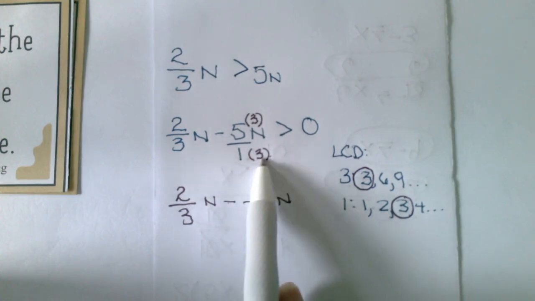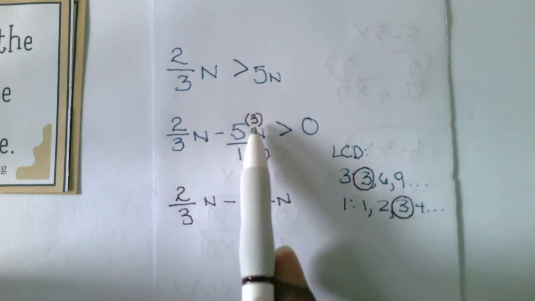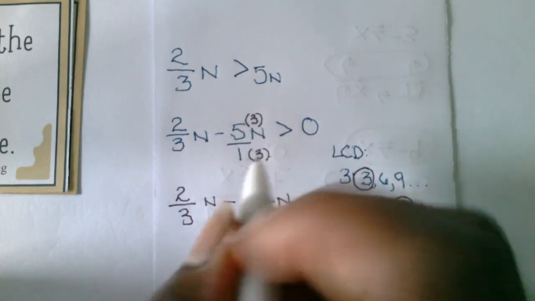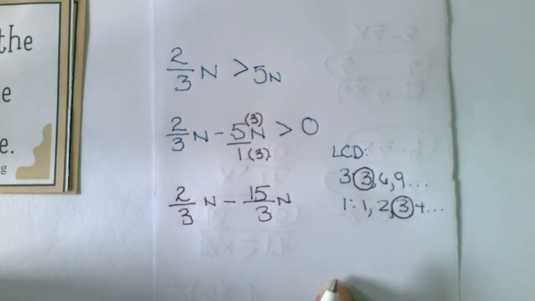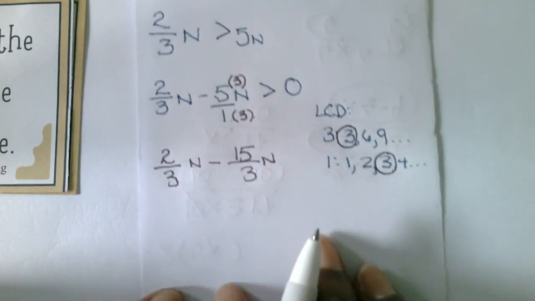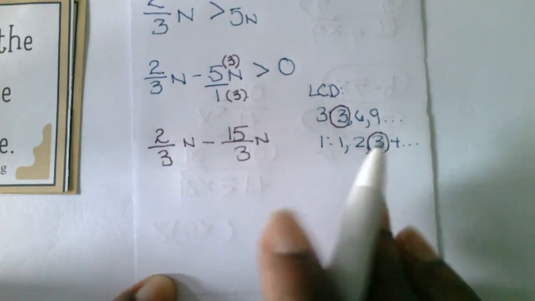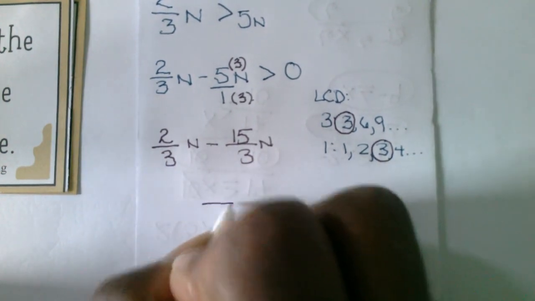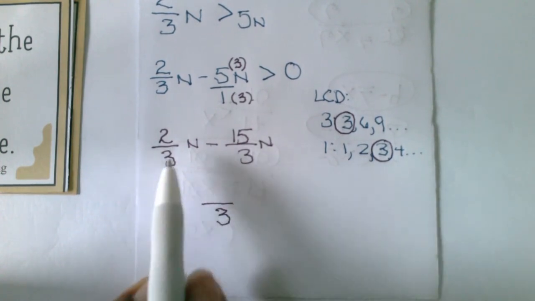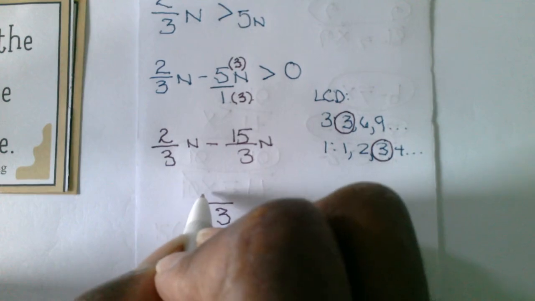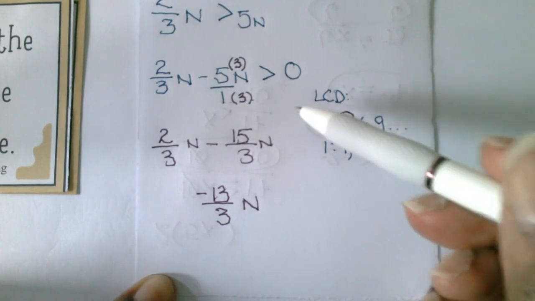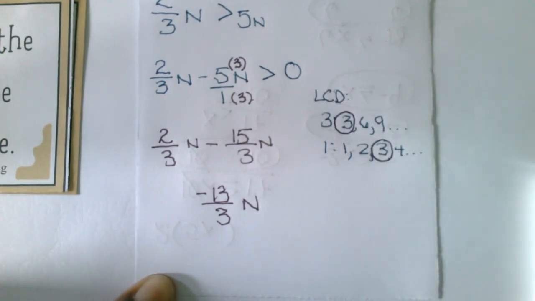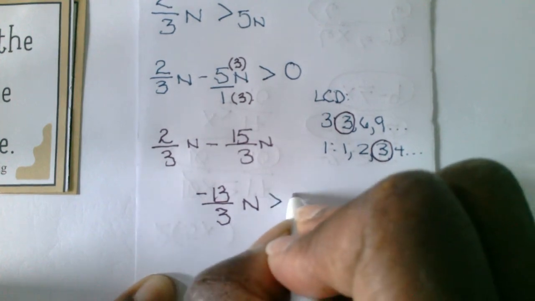So when we multiply the 3 and the 1, we get 3. We multiply the 5 and the 3, we get 15. Now if we do our subtraction, we keep our denominator. We have 2 minus 15, that gives me a negative 13n. And now we can bring down our greater than 0.